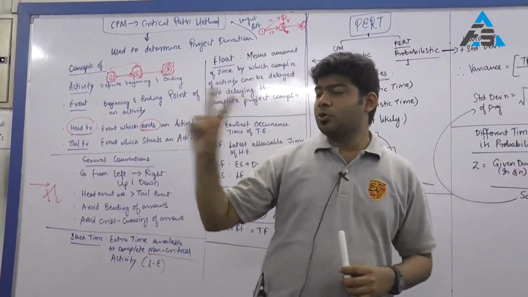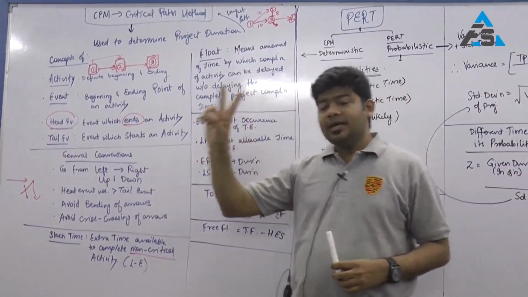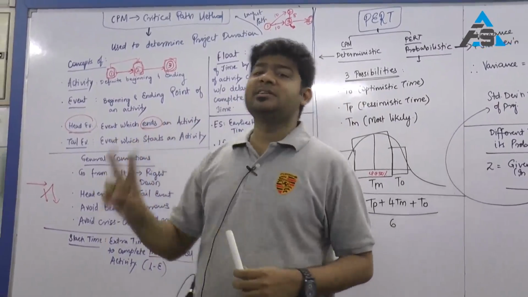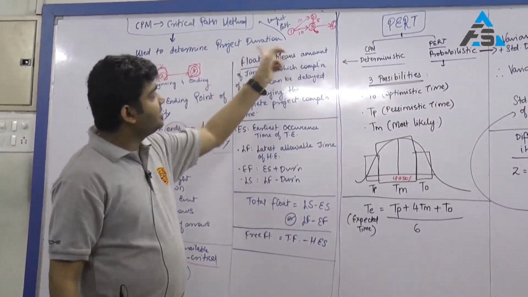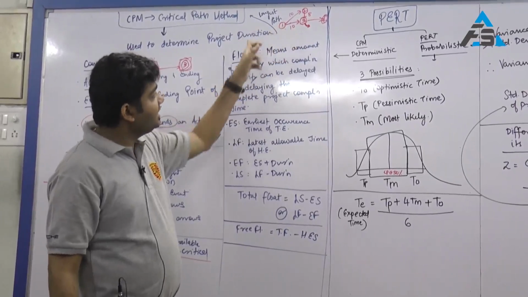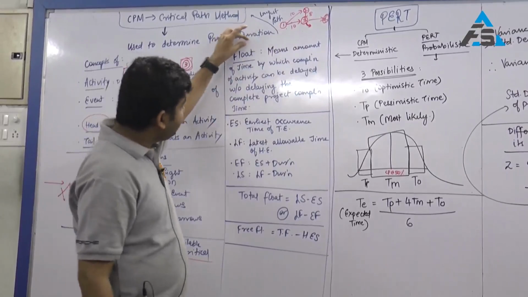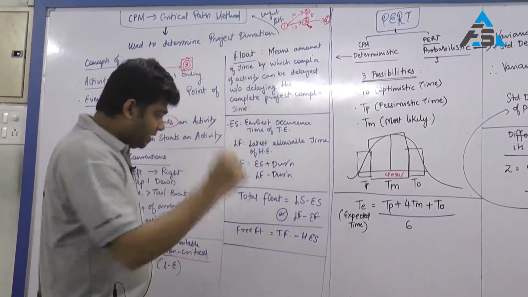So two things: total float of critical activities will always be 0. Second, E and L of critical activities will always be the same. So if there is a critical activity, every event will have its E and L. Those events on the critical path will always have the same E and L internally.